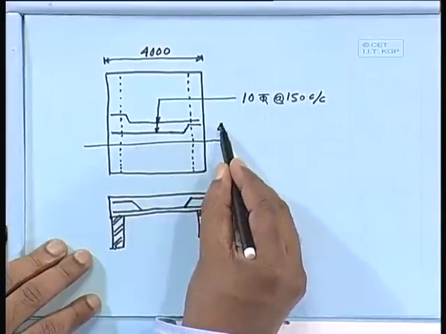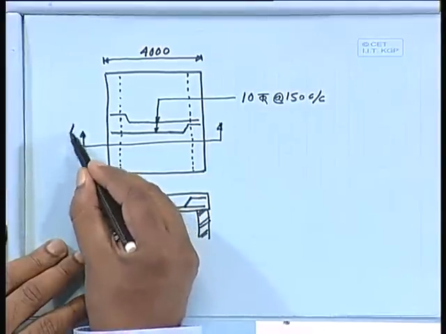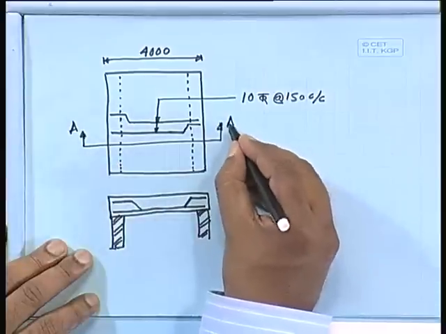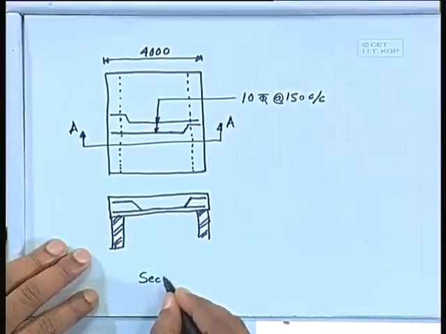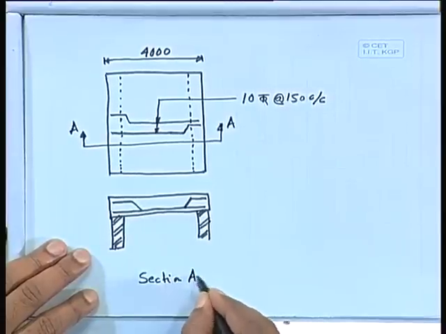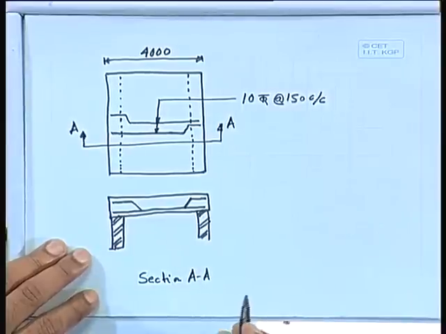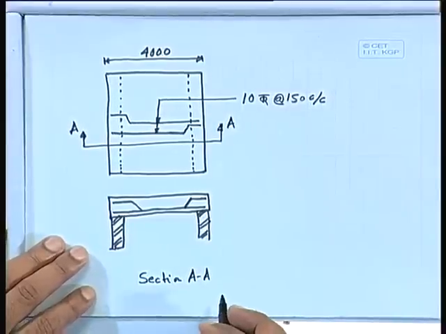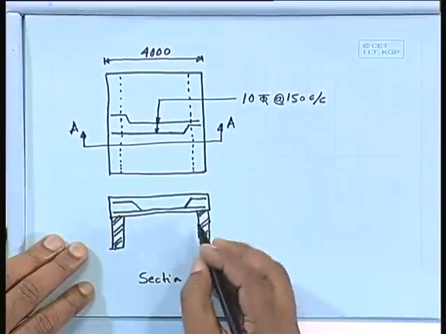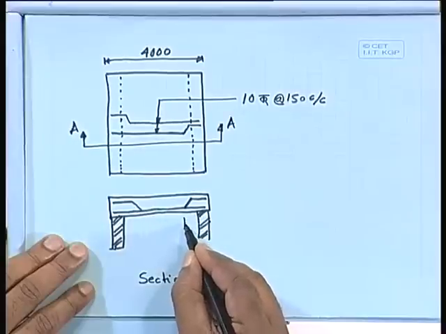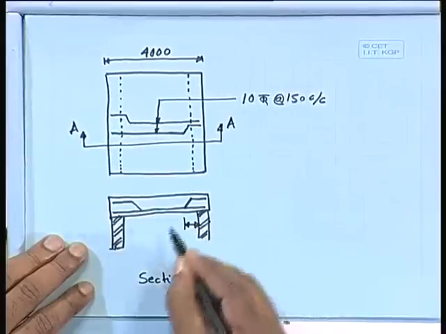And if we take a section here, let us say this is section AA. And we have to provide where we shall crank, what about this distance?